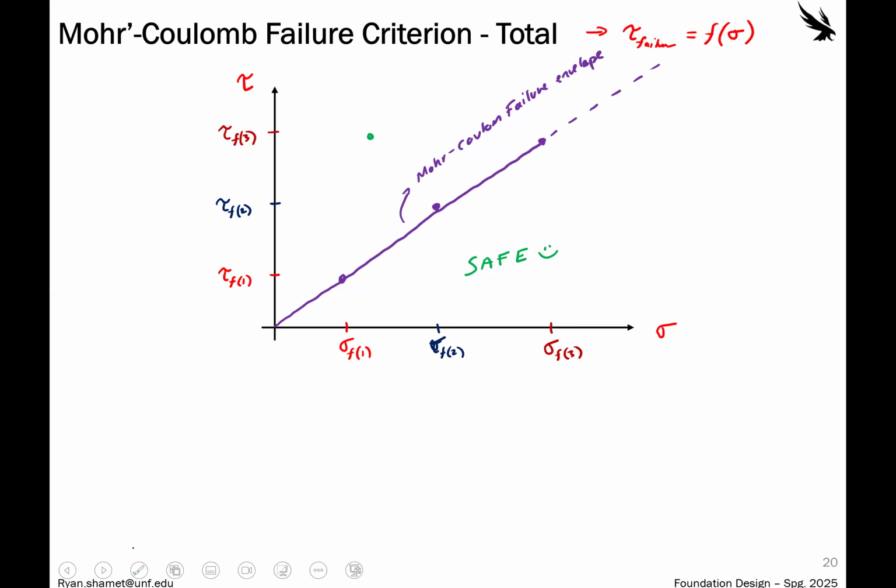Up here, if we have it above, technically it's impossible because the soil's already failed. So this is a linear relationship, which is good because we can set a function to this linear relationship.